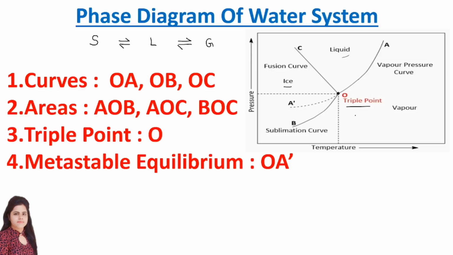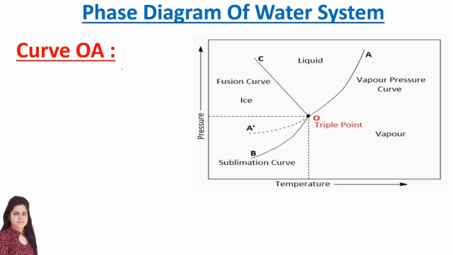Now one by one we'll see the degrees of freedom and all the equilibria also. The first curve is OA, the vapor pressure curve, and on this curve water and vapor are in equilibrium. It means the liquid and gaseous states are in equilibrium. So how many phases are there? Two phases.